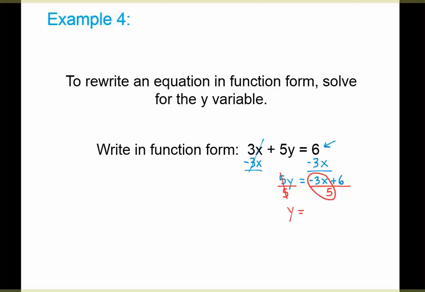Remember, I want you to write that as negative 3/5 x. I like you to do that fractional coefficient thing. Okay, negative 3/5 x, and this is positive 6 divided by 5, and that's going to be plus 6/5, plus 6 over 5. Okay, and that is your function.